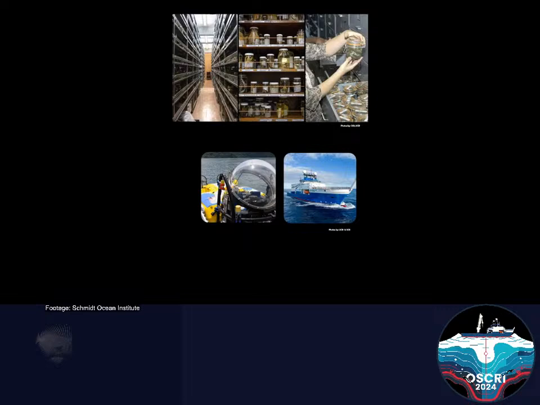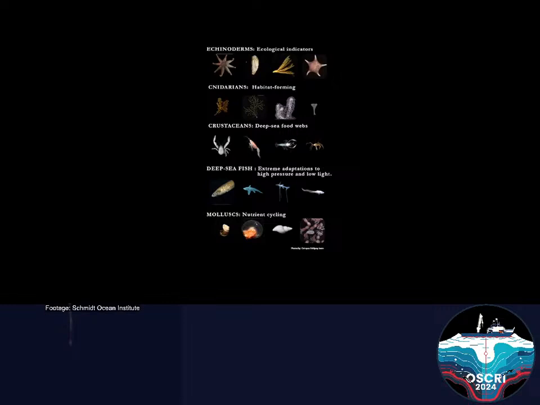Importantly, this collection has supported numerous research projects and contributed to over 40 publications. Our deep sea collections are diverse and represent several key taxonomic groups. Allow me to highlight a few. First of all, echinoderms, these organisms offering insight into the health of marine ecosystems.